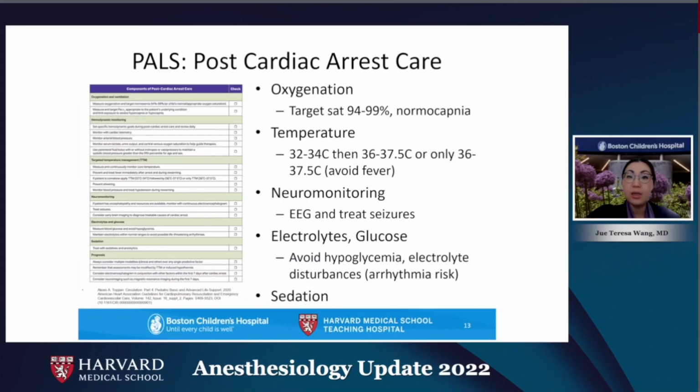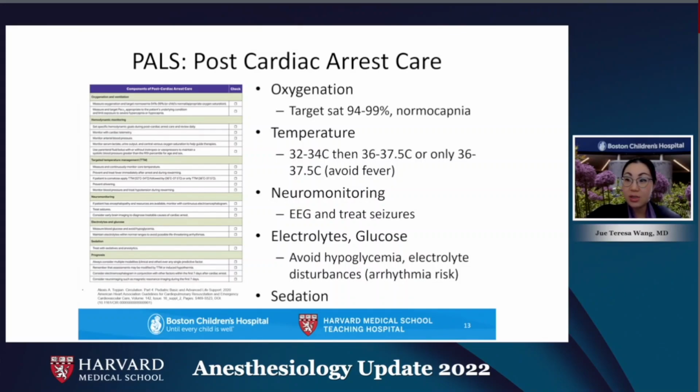Temperature can be slightly cooled at 32 to 34 degrees Celsius with return to normal at 36 to 37.5 degrees Celsius, or maintain normal at 36 to 37.5 degrees Celsius. The key here is to avoid fever. Neuromonitoring should be used if you're in a facility that can provide continuous EEG monitoring.